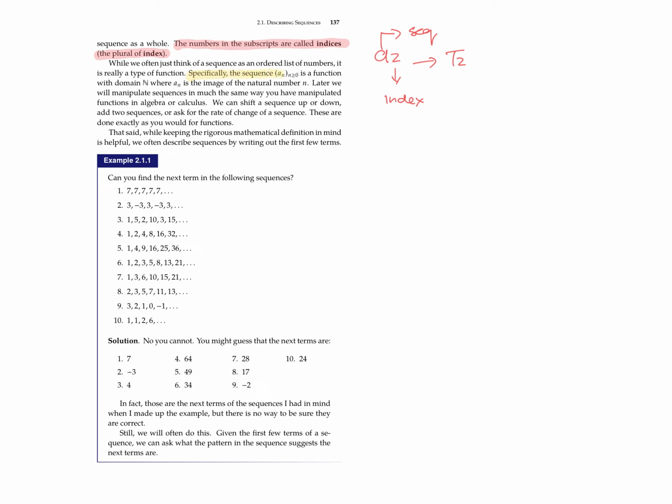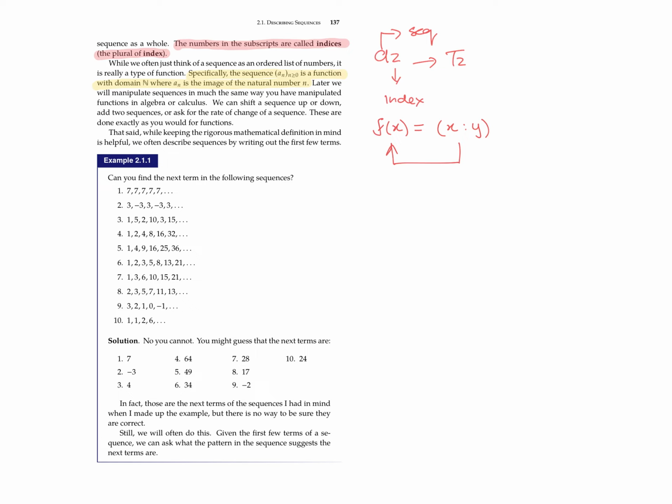Specifically, the sequence a_n, where n is bigger than or equal to 1, is a function with domain the natural numbers, where a_n is the image of the natural number n. Usually when we talk about functions, we talk about f(x), and then we have various coordinate pairs (x, y) that tell us the relationship between the coordinates via the rule f(x).